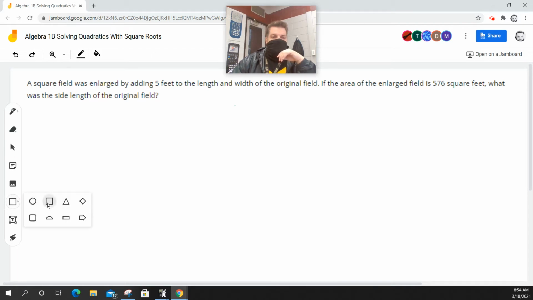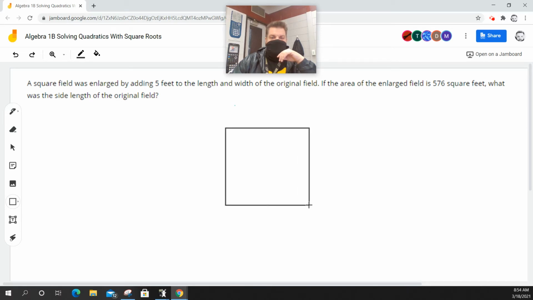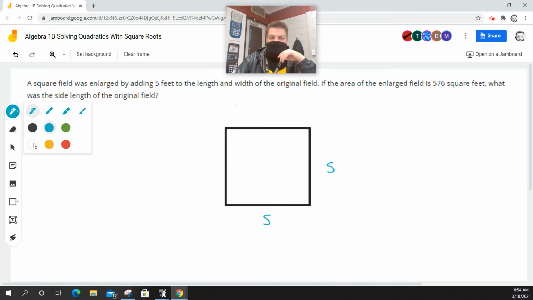So we have a square, and a square is different than a rectangle because that means all the sides are the same, right? So if all the side lengths are the same, that means that this side length is equal to this side length. And so when we talk about the area of a rectangle, it's just the length times the width.